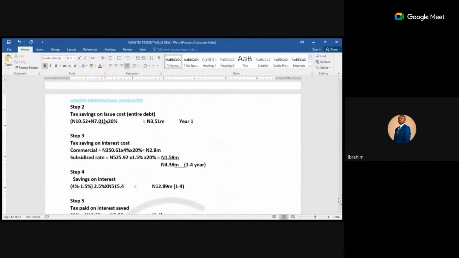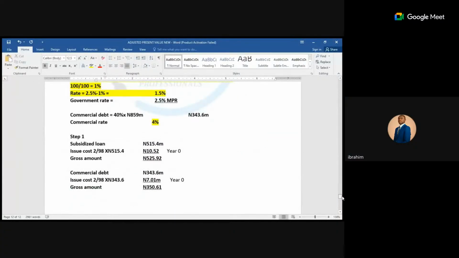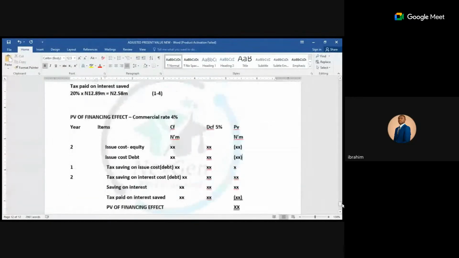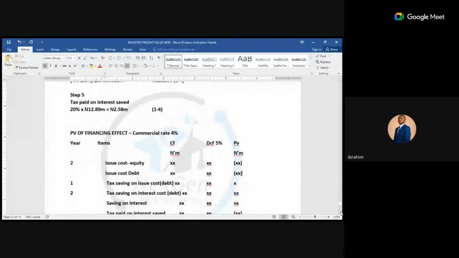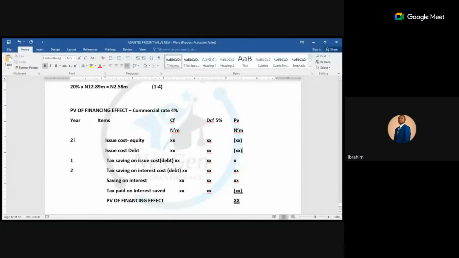Let me scroll to that part. So we have issue costs on subsidized.